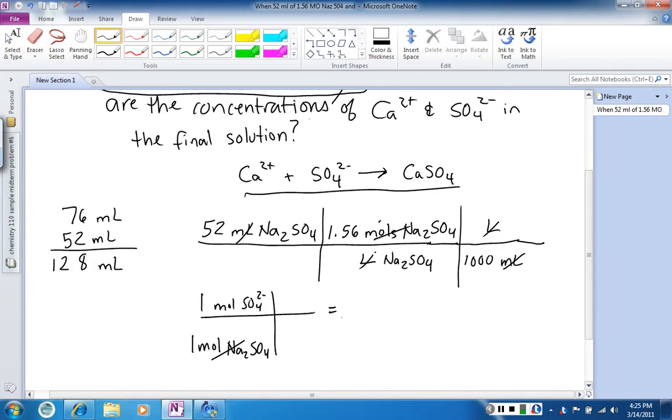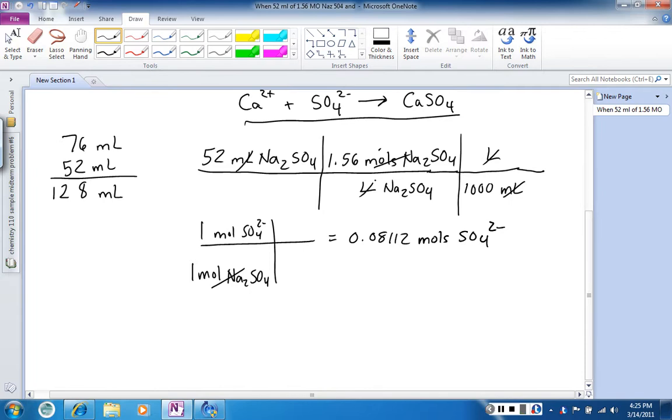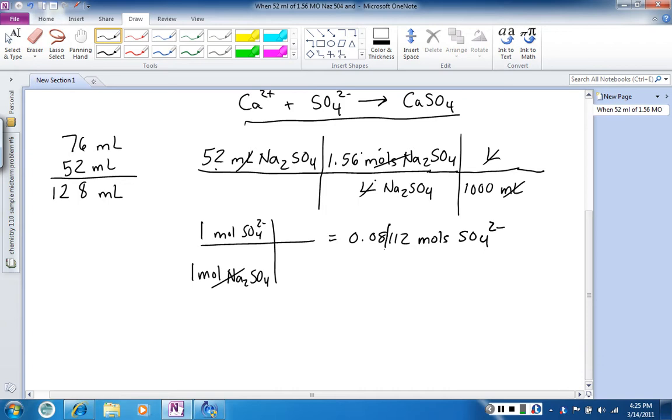We're in moles of SO4 2 minus, and that works out to be 0.08112 moles SO4 2 minus. Okay, our sig figs, we got 2 here, 3 here, so we're going to draw our line after our 8. So that's SO4 2 minus.